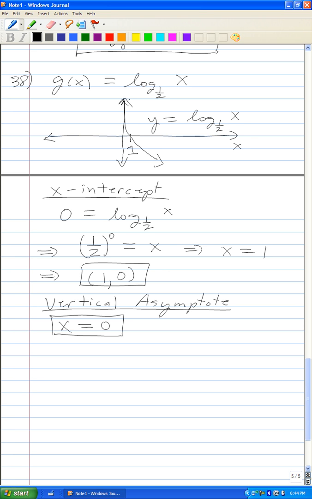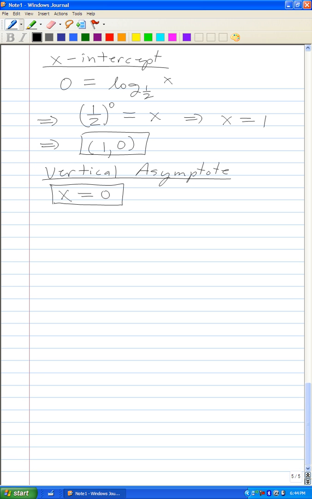Let me do problem number 46. f of x equals log base 3 of x minus 2.